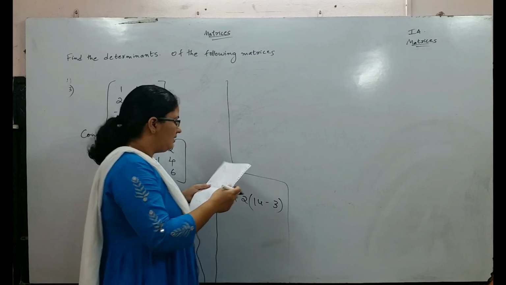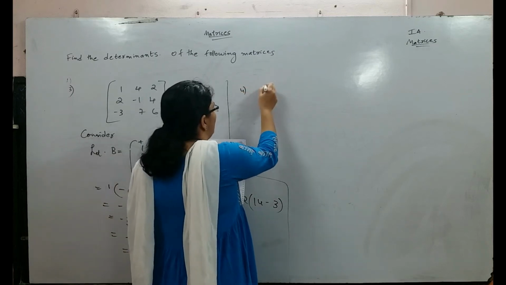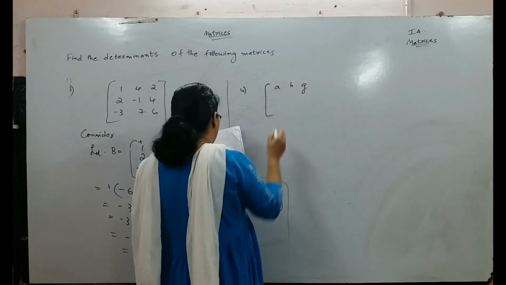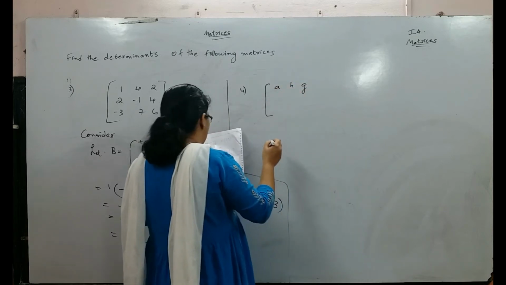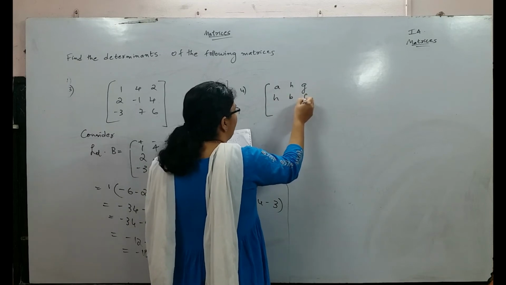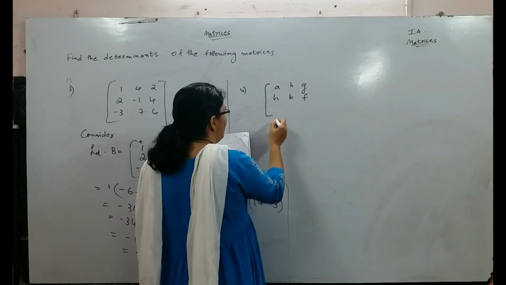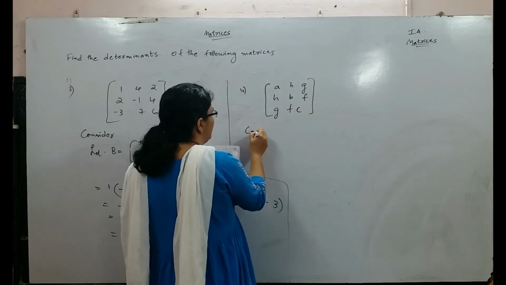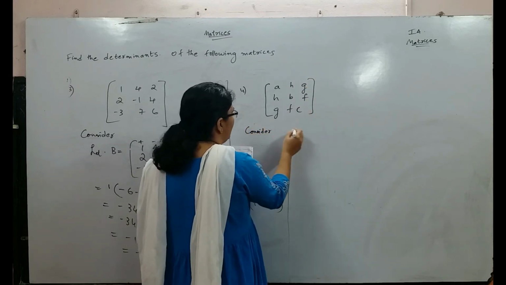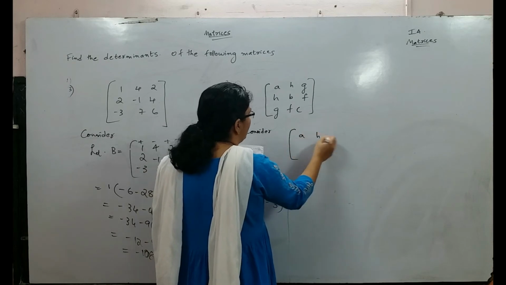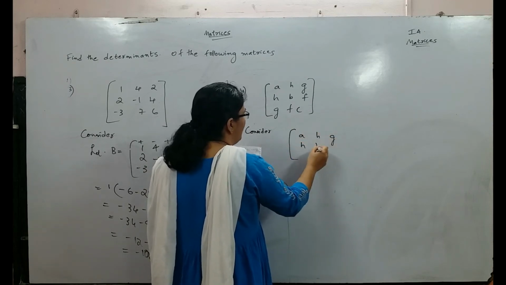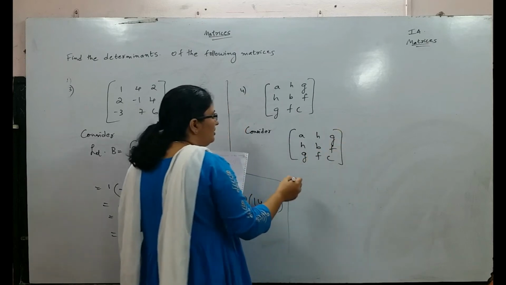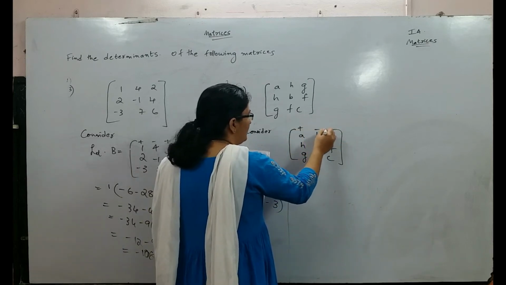Next one is A, H, G, H, B, F, G, F, C. First consider this matrix, and first you need to write plus, minus, plus.